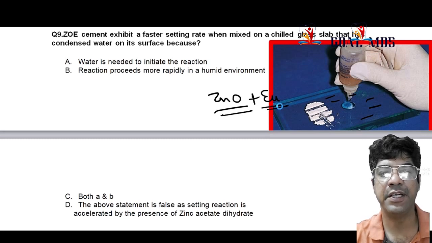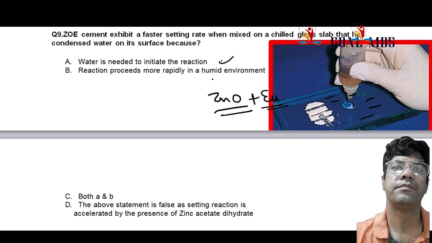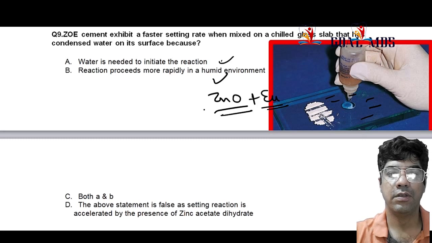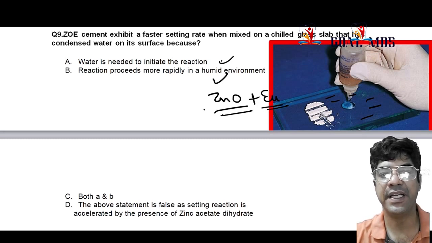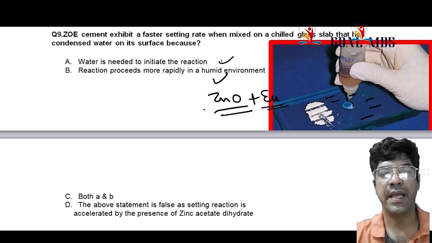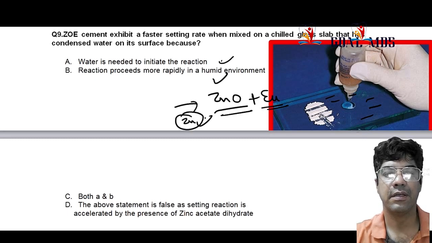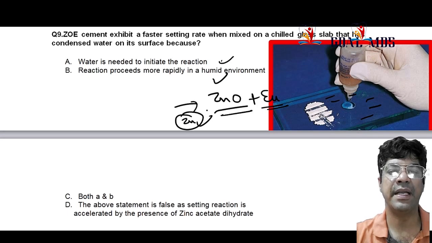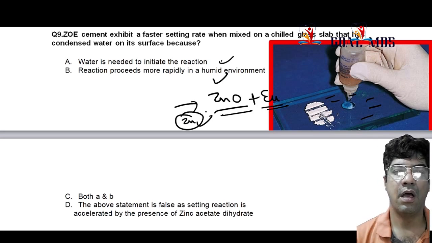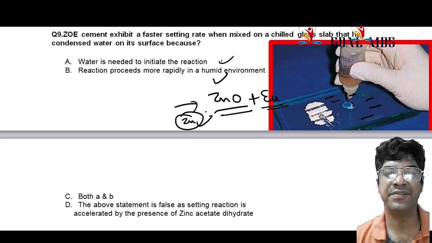So water is necessary to initiate this reaction, and it proceeds more rapidly in a humid environment. Additionally, the presence of zinc acetate dihydrate can accelerate the setting reaction by supplying the zinc ions more rapidly. So therefore, when zinc oxide cement is mixed on chilled glass slab with condensed water on its surface, it provides a faster setting rate.